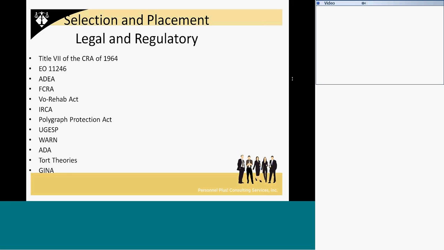In other words, they required people to have a high school education. And the Supreme Court of the United States, way back in 1971, found that to be unlawfully discriminatory for 2 reasons. The first reason was that the requirement to have a high school education was more difficult for blacks to satisfy than it was for whites.